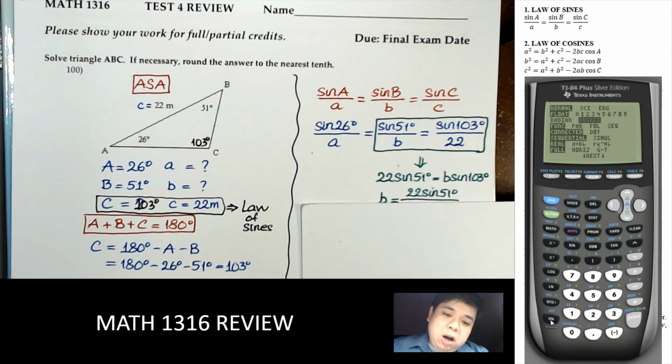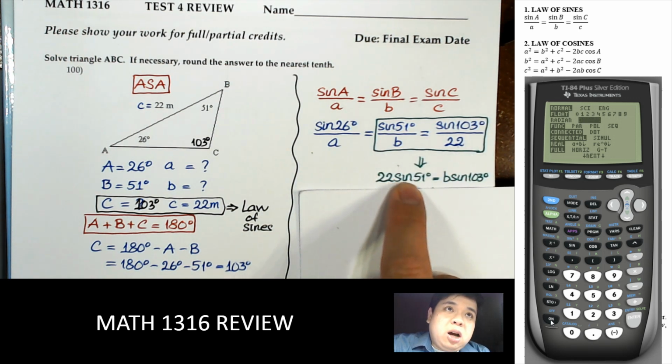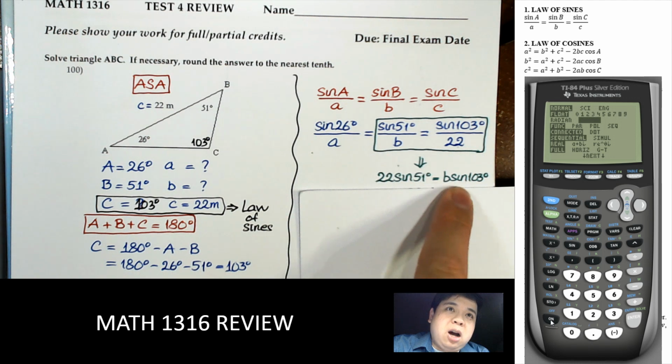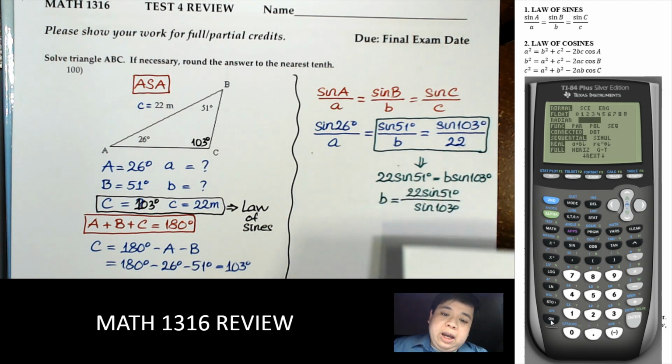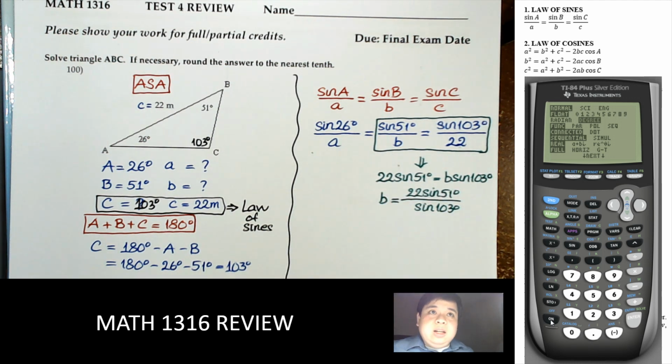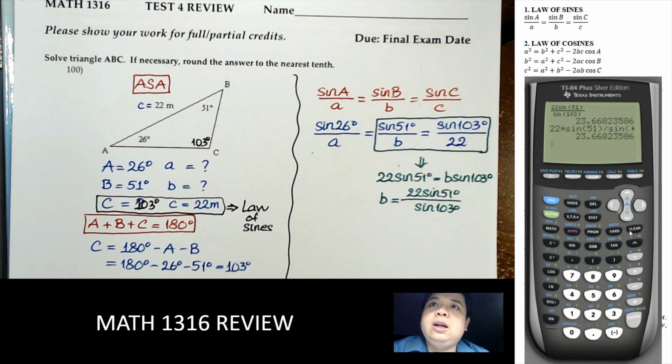So cross multiply, then we have 22 sine of 51 degrees equal to b times sine of 103, and so for b we have that. Calculator in degree mode, which is good. Let's see what happens if we have it in the radian mode.